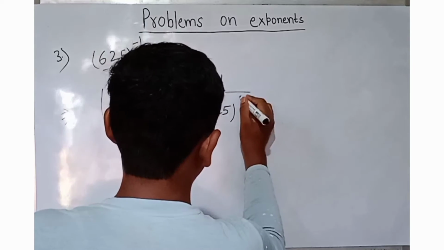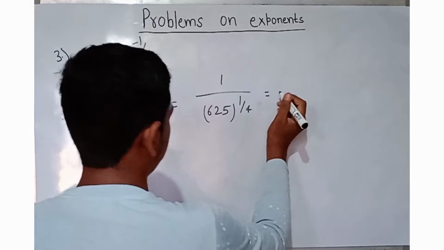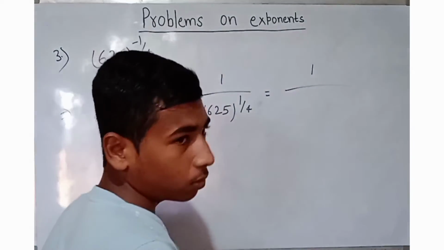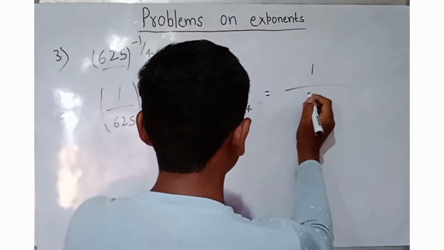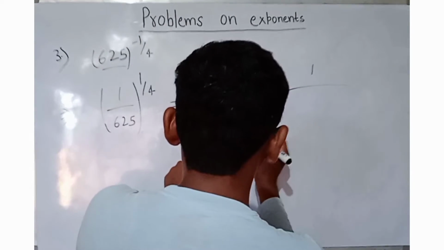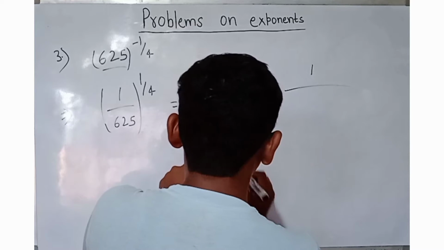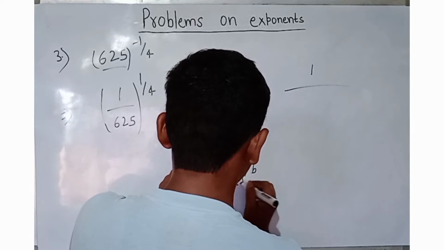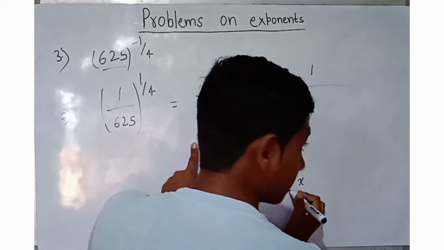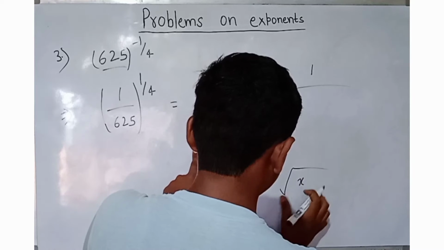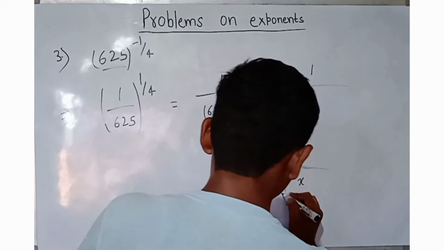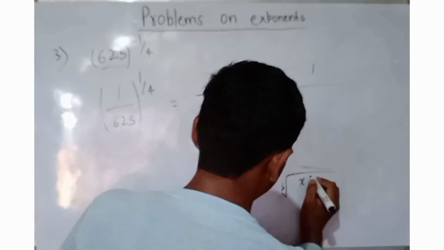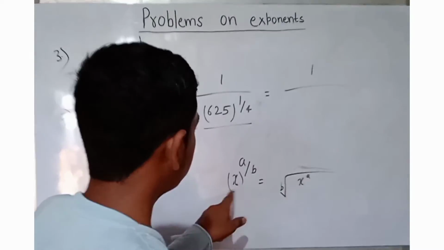If you remember the second law which I have told you, that x power a by b will be b root x power a. So b will be here and a will be here.